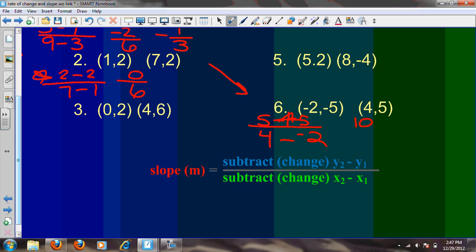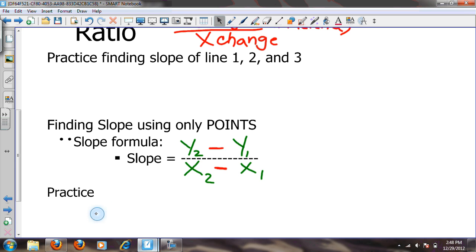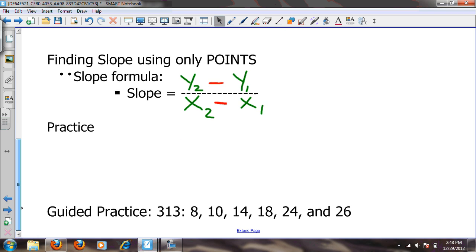That becomes 10. 4 minus negative 2 becomes plus. That becomes 6. Can that be simplified? Absolutely. 2 will go into each of those. Right, Justin? So that becomes what, Justin? 5 over 3. And we can leave it as improper. It's best to leave your slope as an improper fraction. Okay? So we just did some practice ones together.